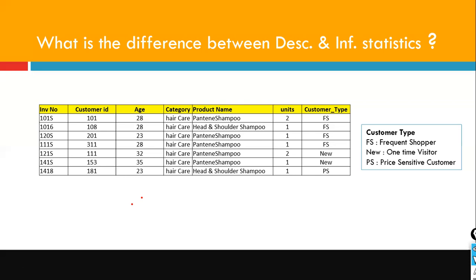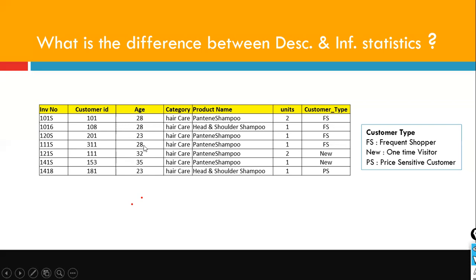If I ask you an inferential question, are the ages of frequent shoppers in this sample similar to what you would expect in the entire population of people who live in Orange County? See, within Orange County, they've given the sample data. Even this is not the entire Orange County data.